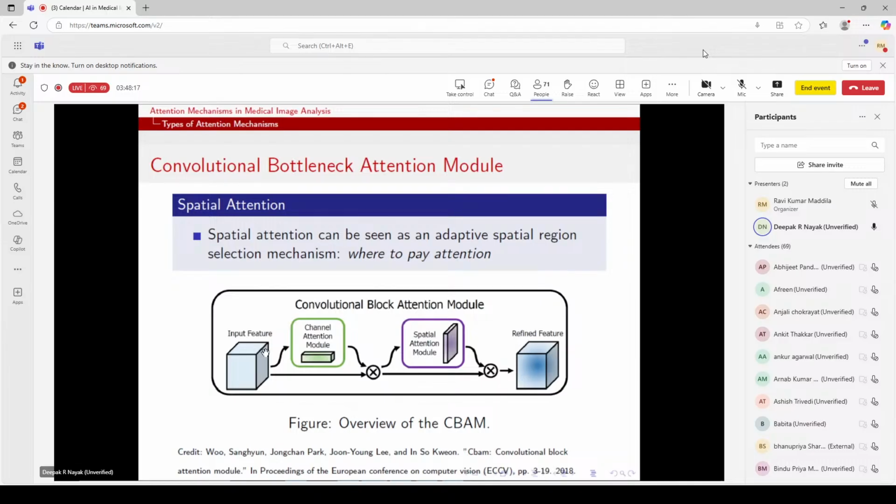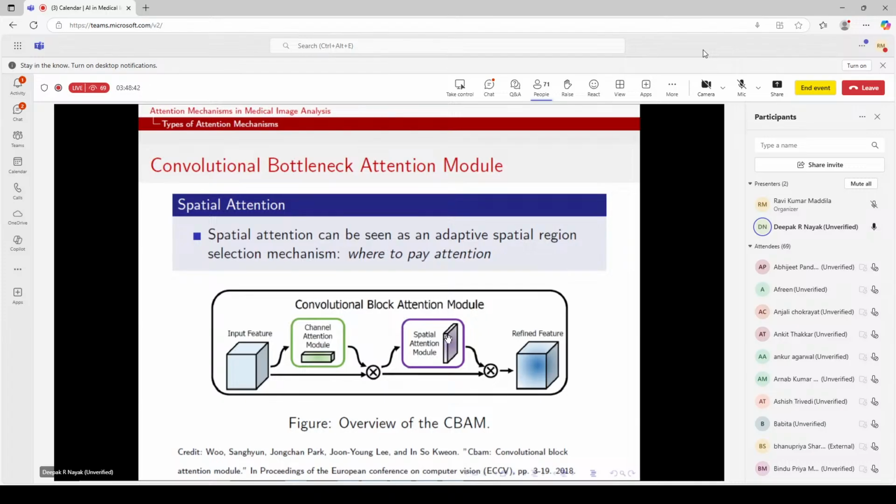But now, every position is C dimensional. So you can just apply the global average pooling or global max pooling across the channel, and what you will ultimately get is a matrix having size H cross W cross 1.